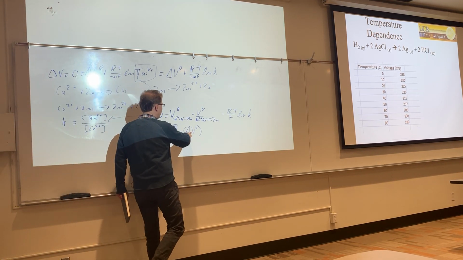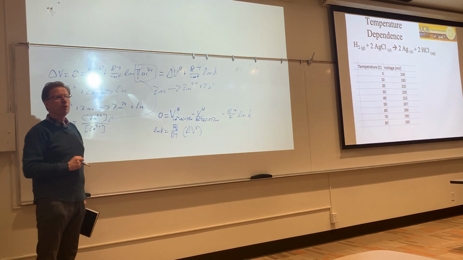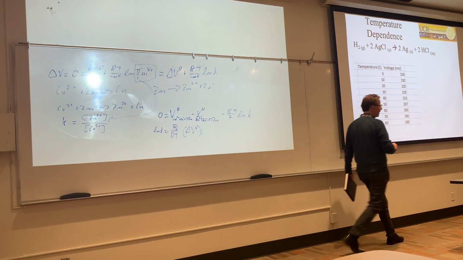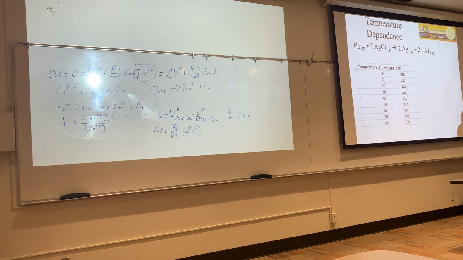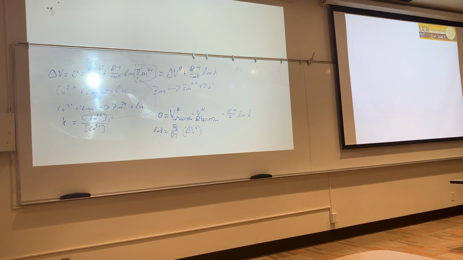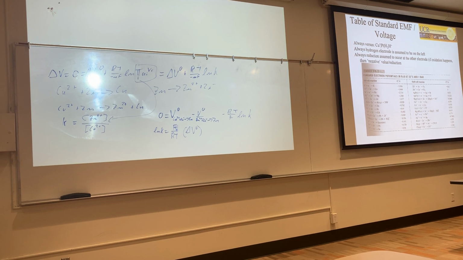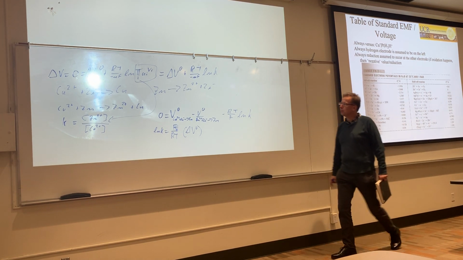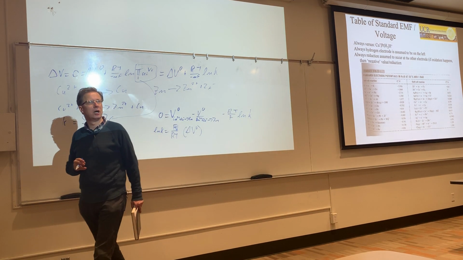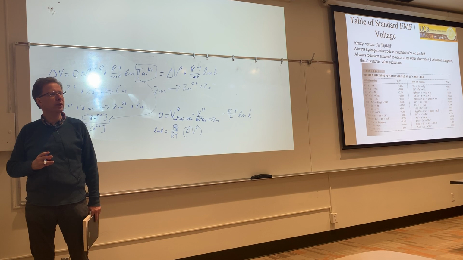So from my standard potentials, I can immediately obtain, if I have my standard potentials like here, I immediately can figure out what is the equilibrium constant for that reaction. Is it important?